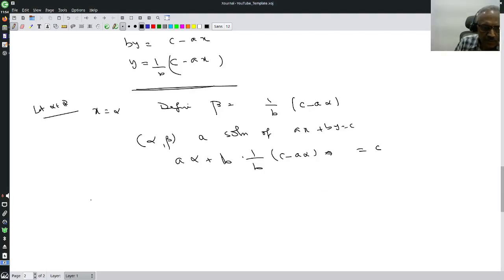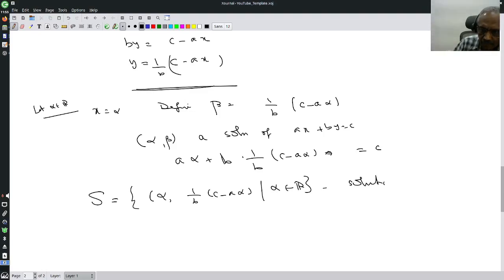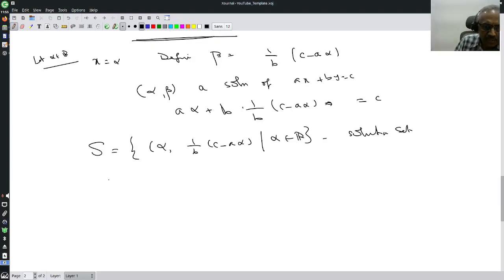Therefore, now I have found the solution set to be all pairs alpha, 1 by b times c minus a alpha, as alpha varies over R. This is the solution set. And what this means is, geometrically, this stands for a line in R2.